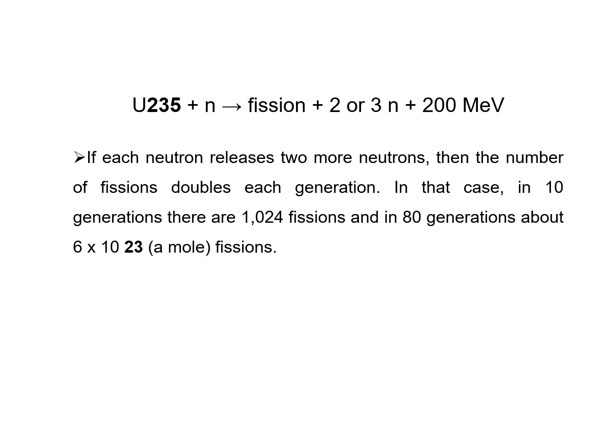In that case, in 10 generations there are 1024 fissions, and in 80 generations about 6 times 10 to the power 23 fissions. That's why we call this a chain reaction, which will not end unless we shut down the plant. Once it is loaded, it will run for years together.